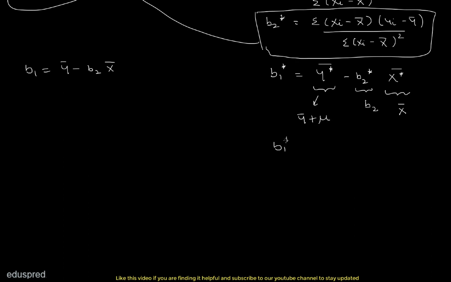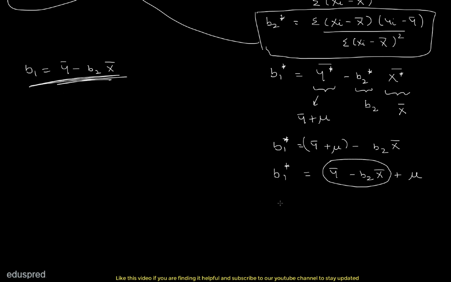So b1 star is actually equal to y bar plus mu minus b2 x bar, and this can be written as y bar minus b2 x bar plus mu, where this is nothing but b1. So this implies that b1 star is equal to b1 plus mu. So this is the relationship between b1 star and b1.